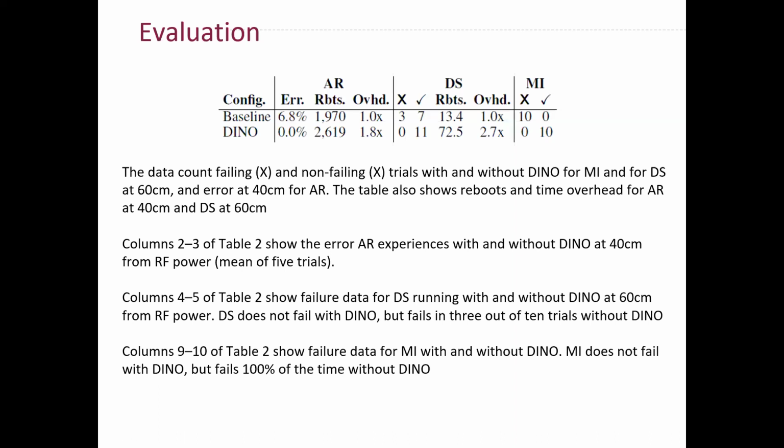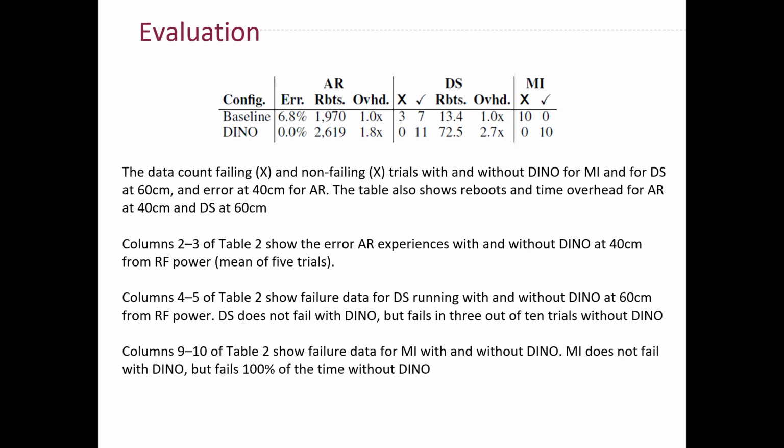Columns 4 and 5 show failure data for DS running with and without DINO at 60 centimeters from the RF power. So DS does not fail with DINO. You can see that it's essentially zero failure and all 11 test cases pass. But a test confirms the difference in failure rate is significant.